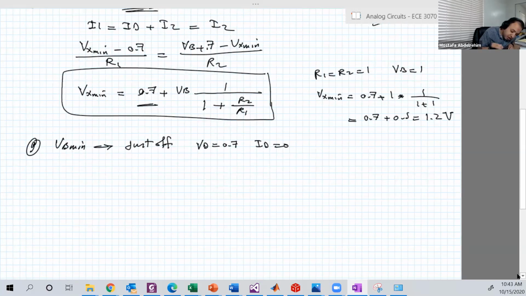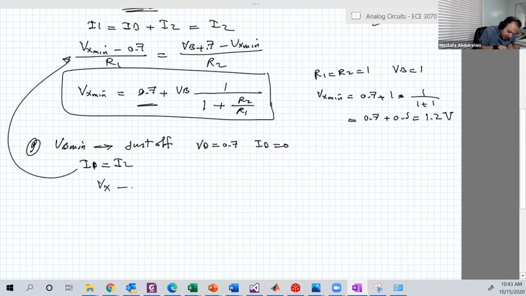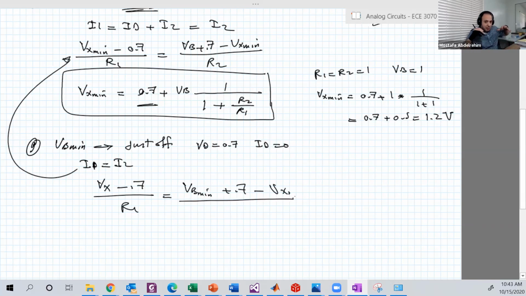If ID is 0, then I1 equal to I2. And if I1 equal to I2, then we can do that again. But now it's Vx minus 0.7 over R1 equal to VB minimum plus 0.7 minus Vx over R2, because now Vx is a parameter and the thing that we want to determine is VB minimum.